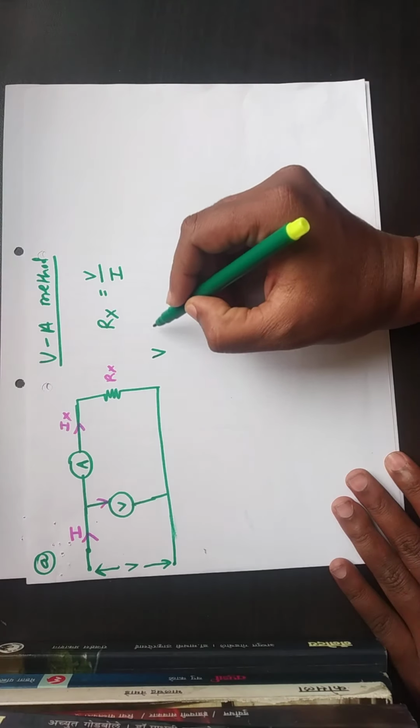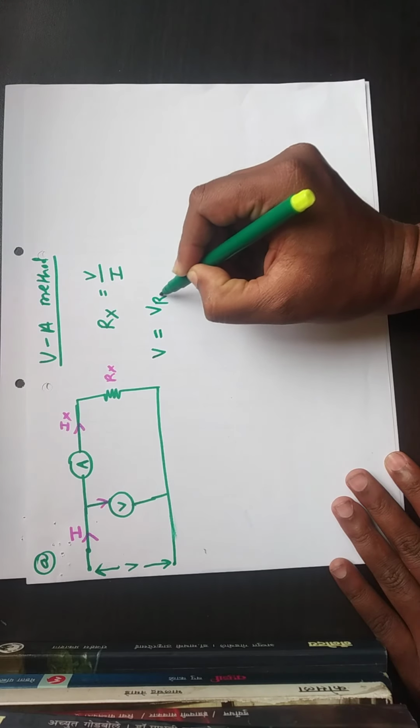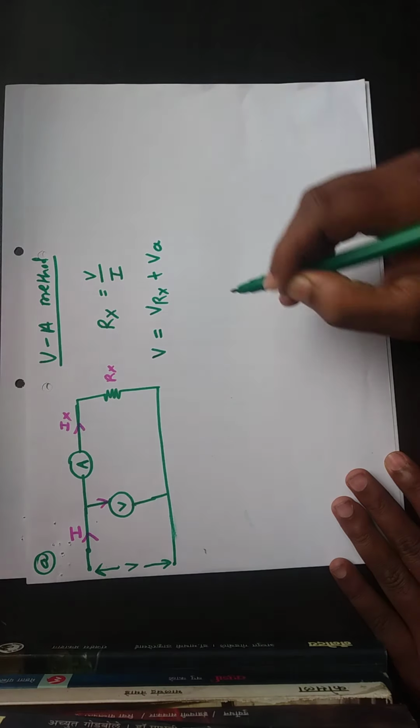So V can be written as V is equal to Vrx plus Va.